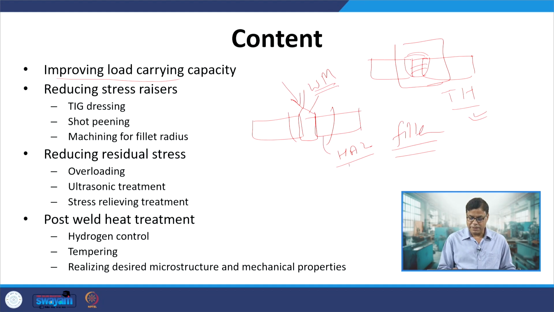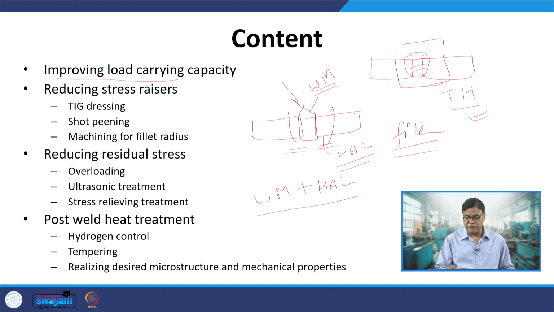As far as the HAZ is concerned, certainly the structure of the heat affected zone is to be controlled and regulated in such a way that it offers reasonably good properties to deliver the desired joint efficiency and joint performance. So, there are two main zones as far as the performance of the weld joint is concerned: one is the weld metal and another is the heat affected zone.